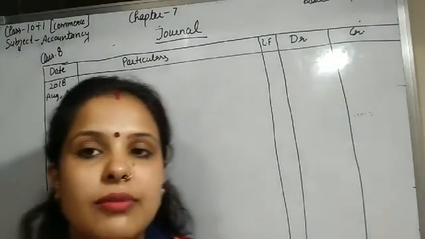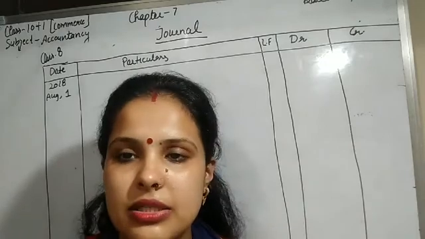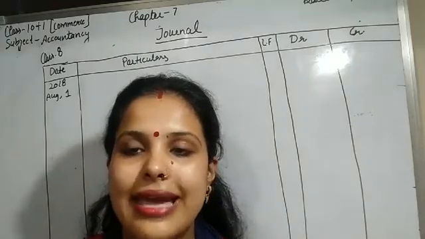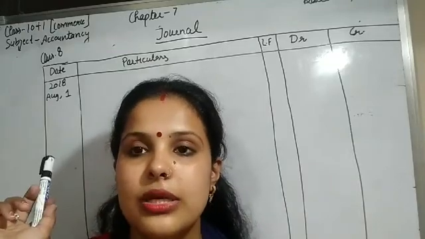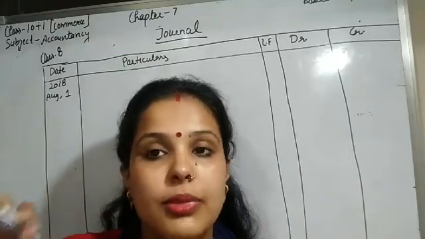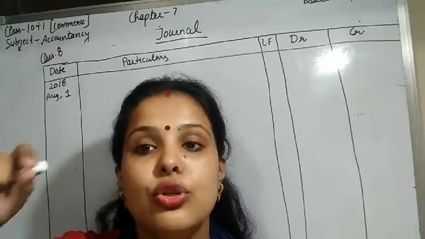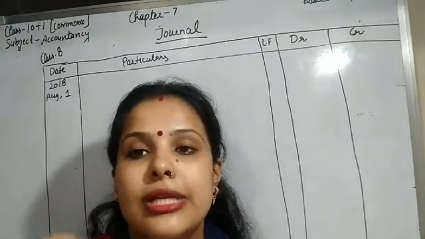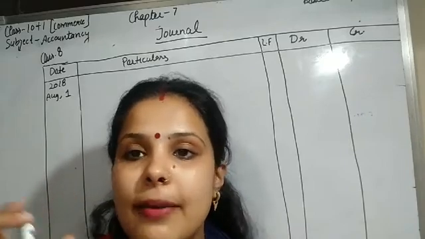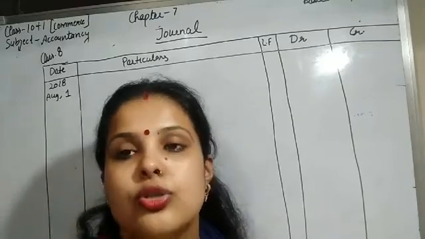So started business with cash, goods and machine. When the business commenced, we generally pass the entry cash account debit to capital account. But in this journal entry, students, business is started with cash, with goods and with machine. So three things are introduced to start the business.